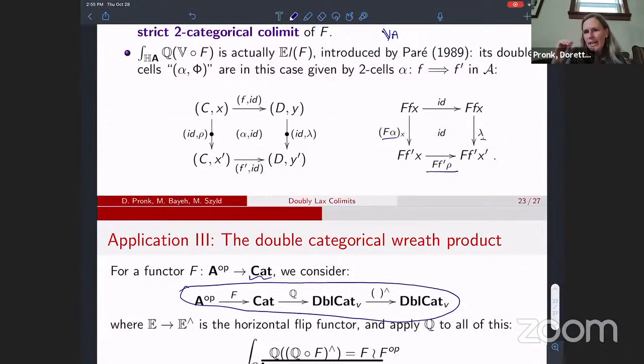So H and V interact slightly differently with things. If you were going the other way, then you would also have to switch that H and V there, the double functors. But the fact that you're working with double cat V affects things.